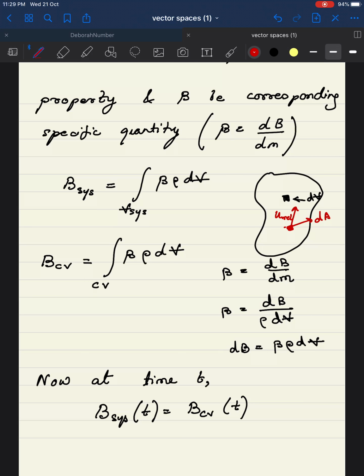Then the dot product of the relative velocity with the normal will give you the rate at which there is an outflux, and integrated obviously over the entire thing.